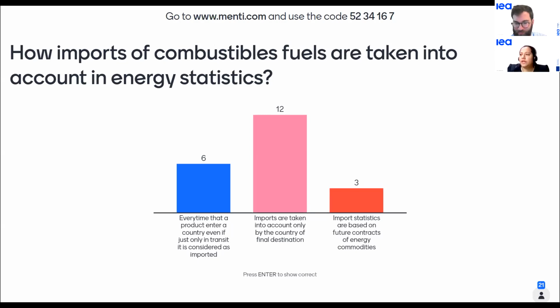So we have 21 people who have replied and 12 think that we only report it by country of final destination. 6 participants said we should also include transit. And here we are talking about combustible fuels.